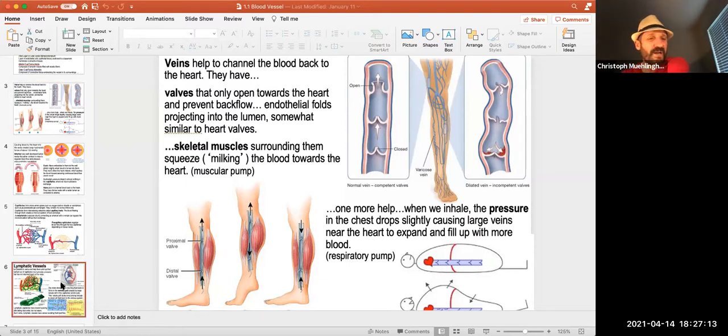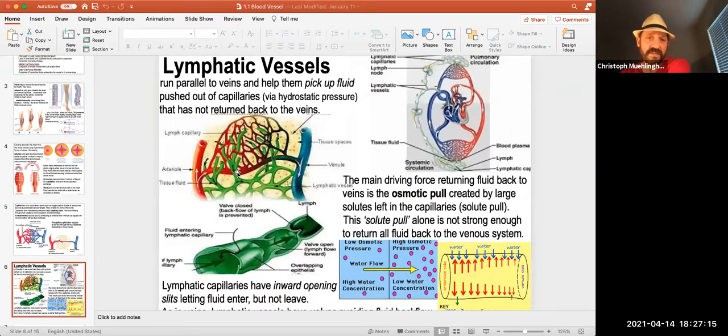And so what we also have is lymphatic vessels, and they parallel these capillary networks, and they open only inward. So it's not a whole system like the cardiovascular system. Blood vessels go from the heart to the tissues back to the heart.